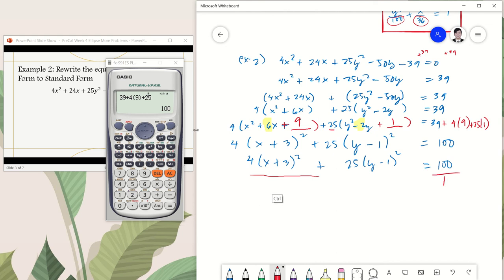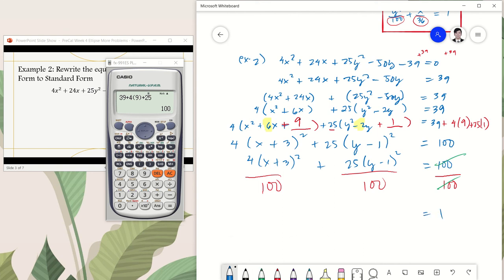So ito, yung first group natin, magdi-divide tayo ng 100, 100 din dito. So we're actually performing the properties of equality. So, kung titingnan, this will be cancelled out because they're just the same. So that will become 1.